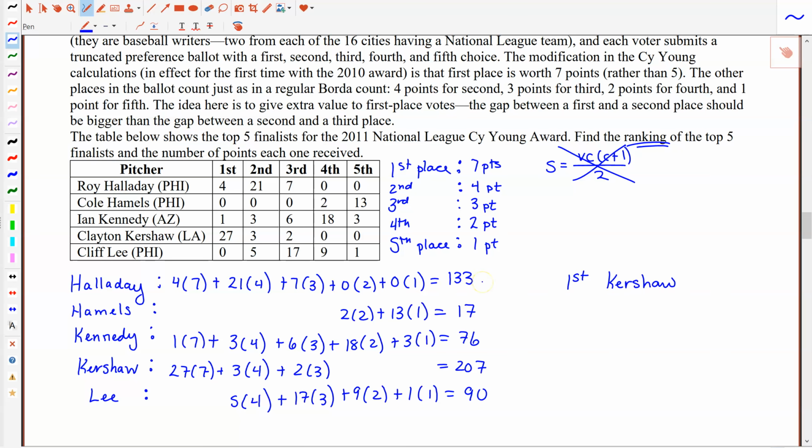So then the next highest one, so second place, would be Halladay. Third place would be Lee. Fourth place would be Kennedy. And fifth place then would be Hamels.